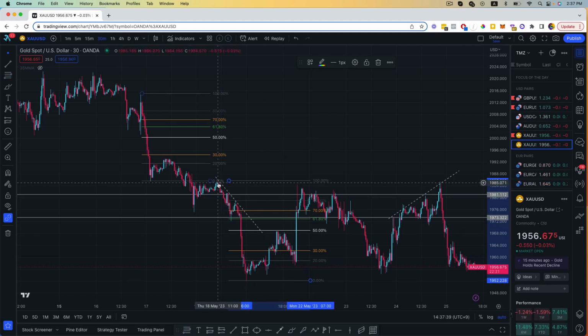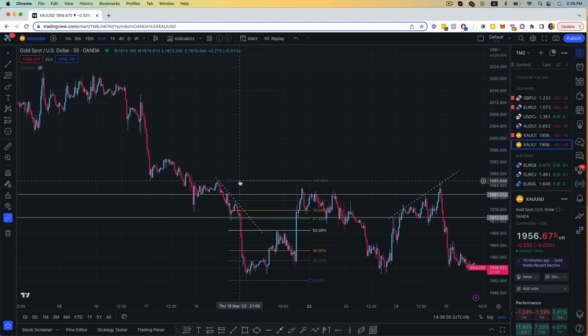So once you draw the swing high to swing low over here, you can see the price action move down and hit the 61.8 level, bounce off, and then go down to the 30% to 20%, right? And then this can act as your support and resistance as well, and a lot of people use that as well. And we'll talk more about the fib in another video, but those are the different types of support and resistance that you'll commonly see in Forex.